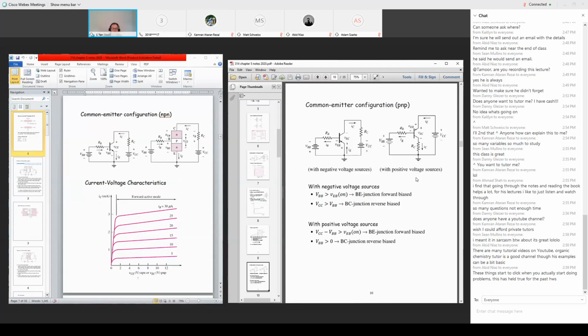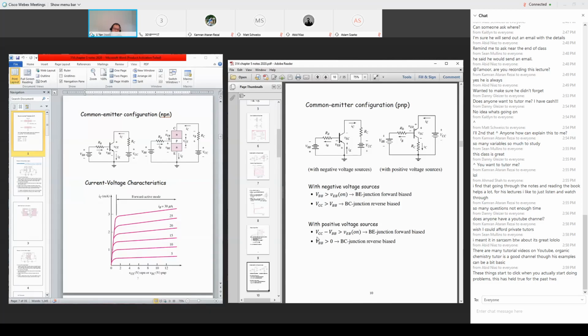But we need to identify under what condition the PNP transistor is operating in forward active mode. So this is the second part of the statement. With positive voltage sources, how do we create a base-emitter junction forward bias?